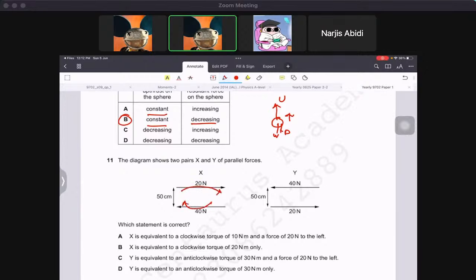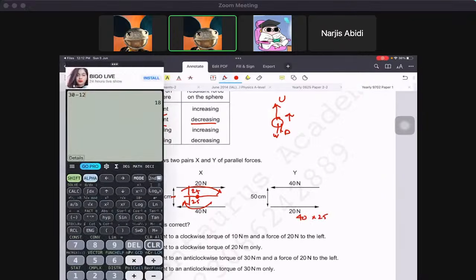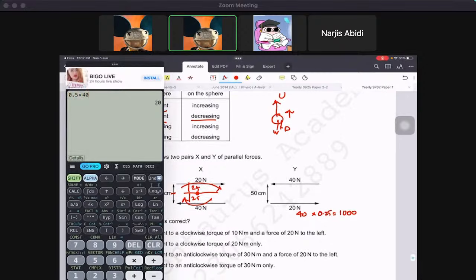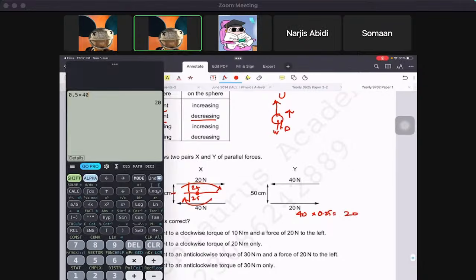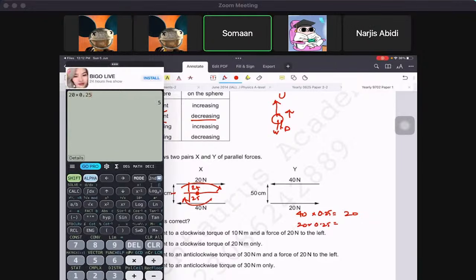So here if we take it from the center, this is going to be 25, this is going to be 25, so 40 times 25, this is 1000. Okay, they say find in meters, sorry, we have to do 0.25 then. So 0.25 times 40, that's 20, and the other one is 20 times 0.25, this is 5, right?